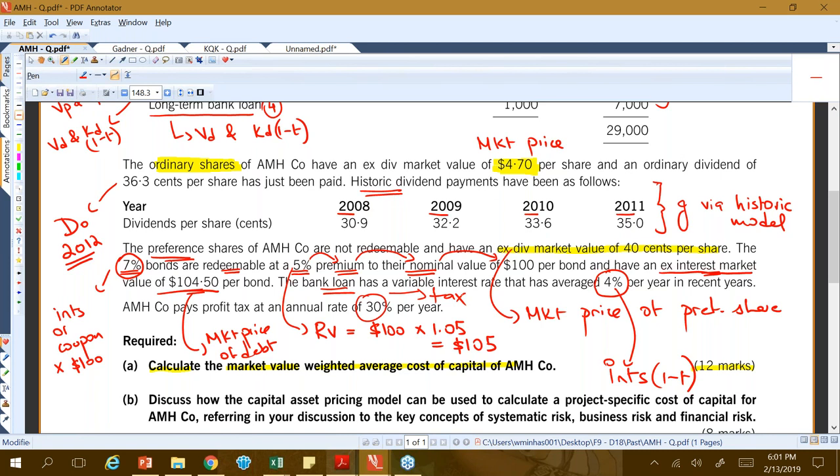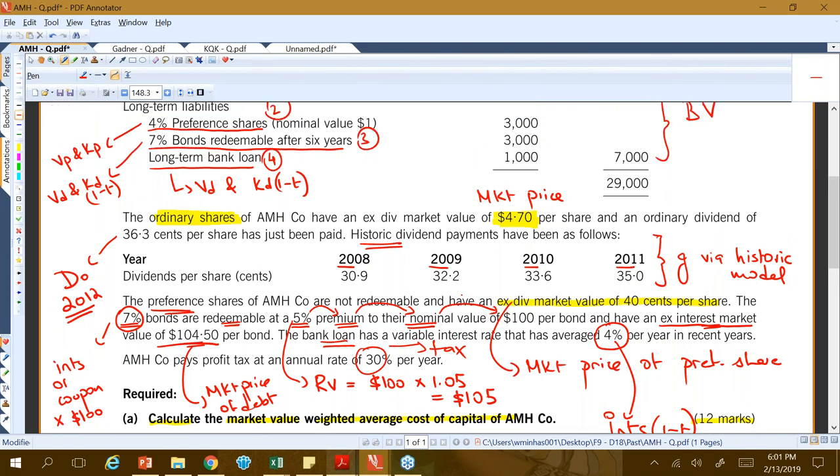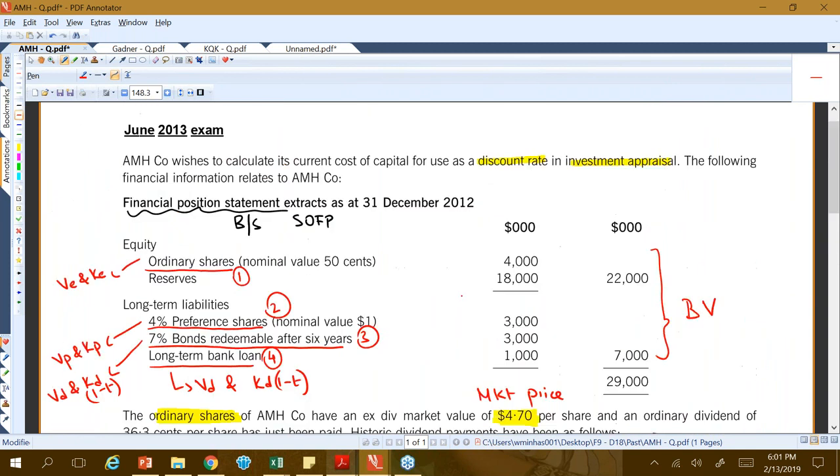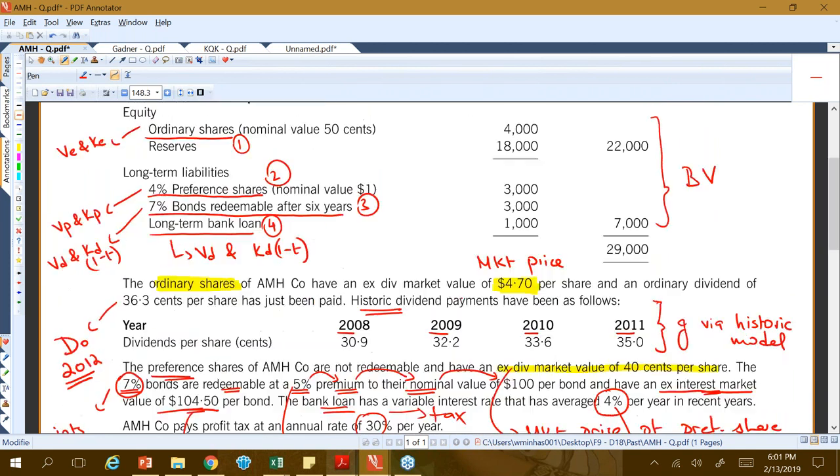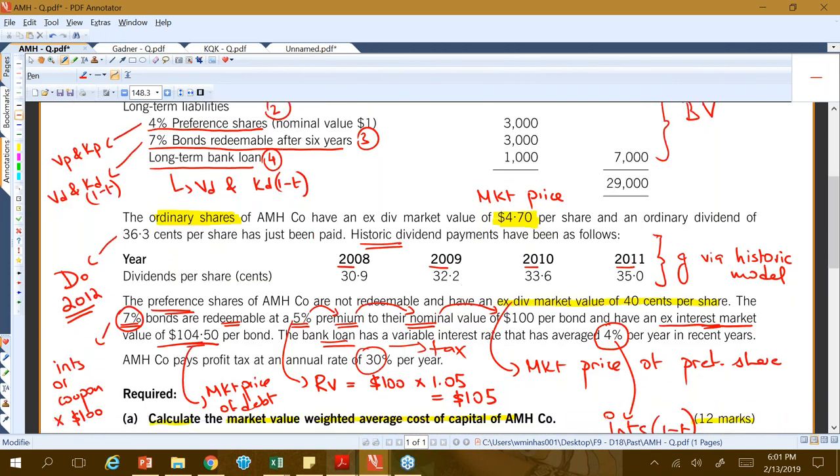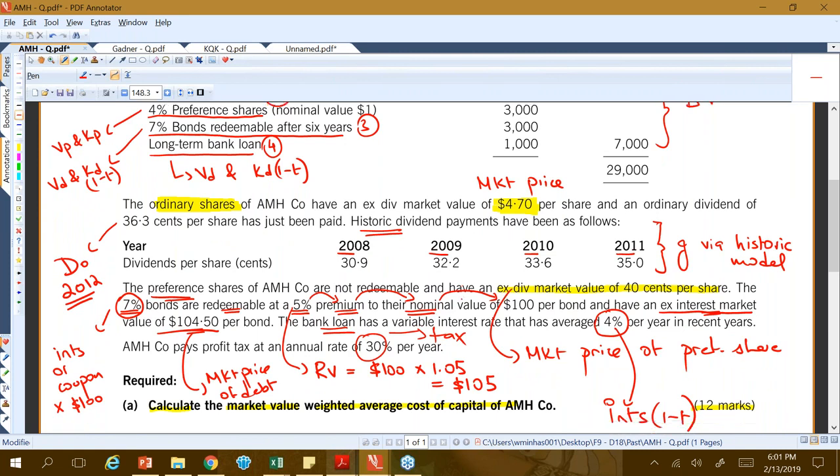Now, this is all the information available. I'll just stop here for a few seconds and I will be receiving questions at this point. So can I get some questions here on the given information in this scenario?